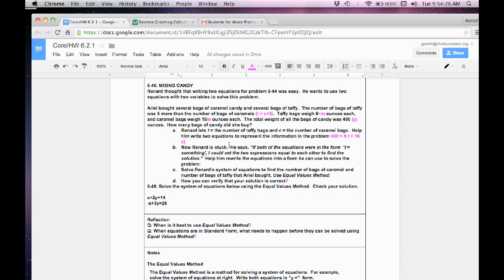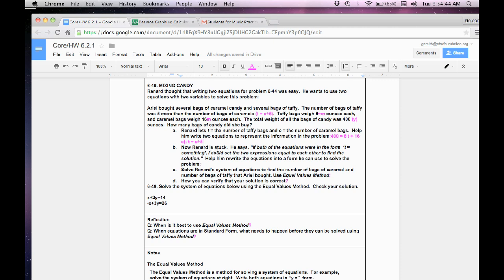And then we can also write the equation T is equal to C plus 5, because the number of bags of taffy is 5 more than the number of bags of caramel.